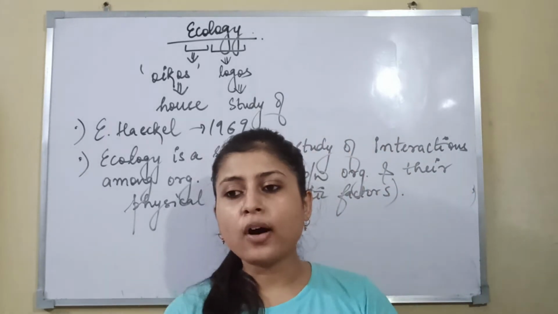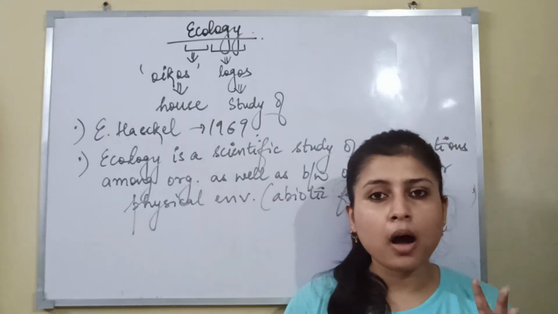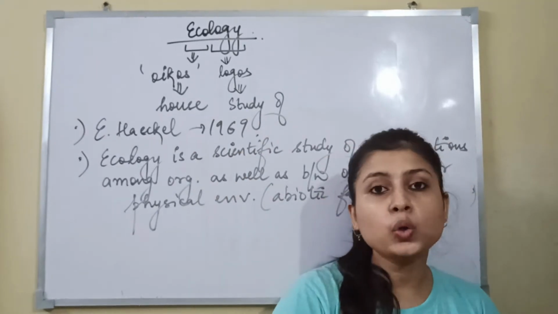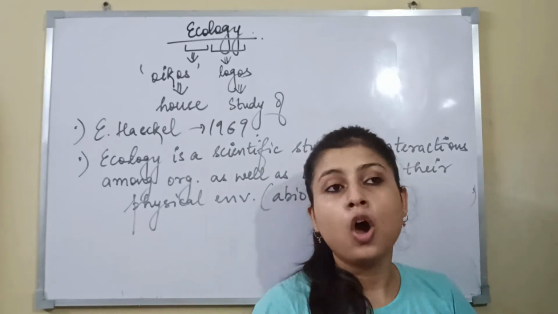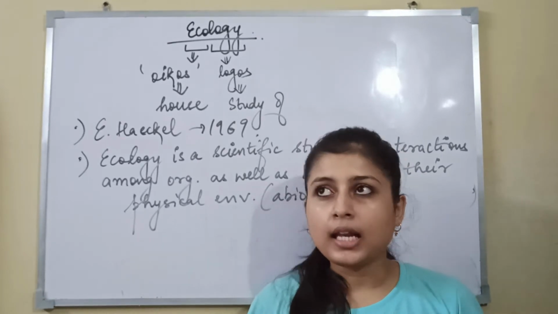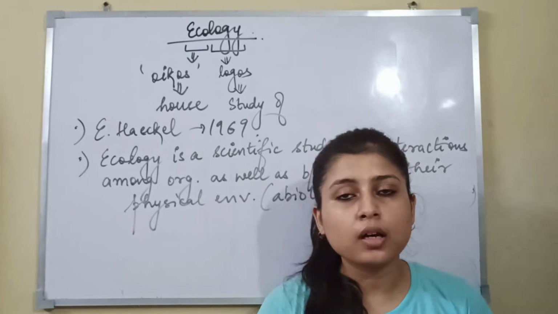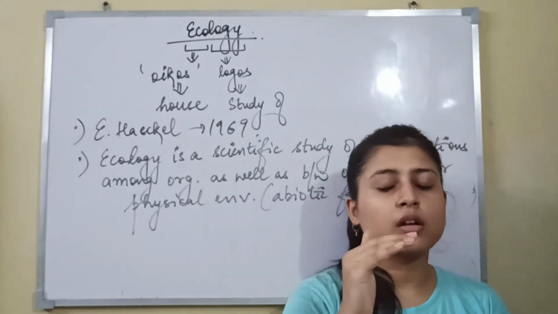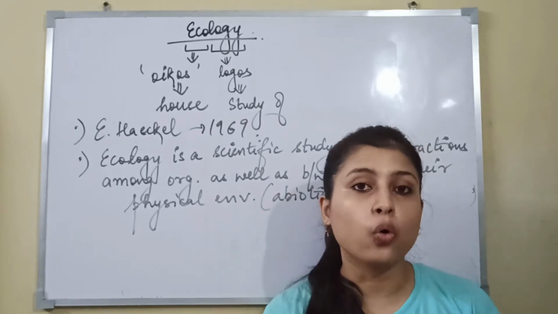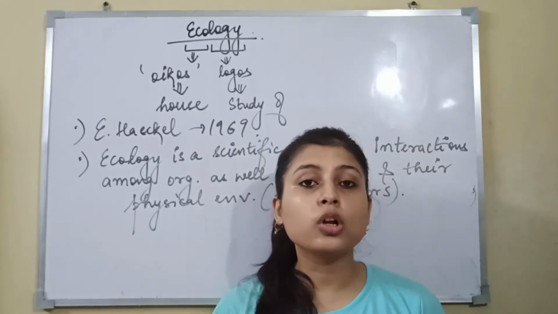So ecology can give you an idea about how we see the different patterns of distribution of different organisms. Like the polar bear, for example, it is found only where the temperature is very low, in polar regions.